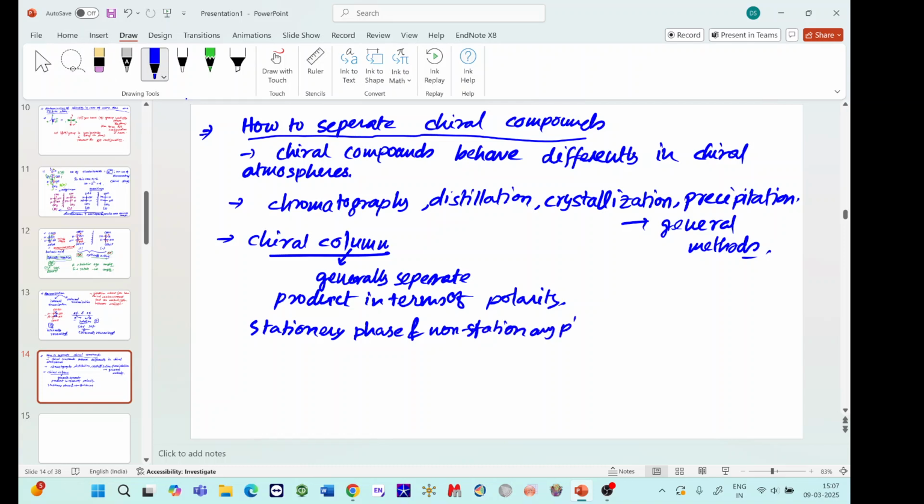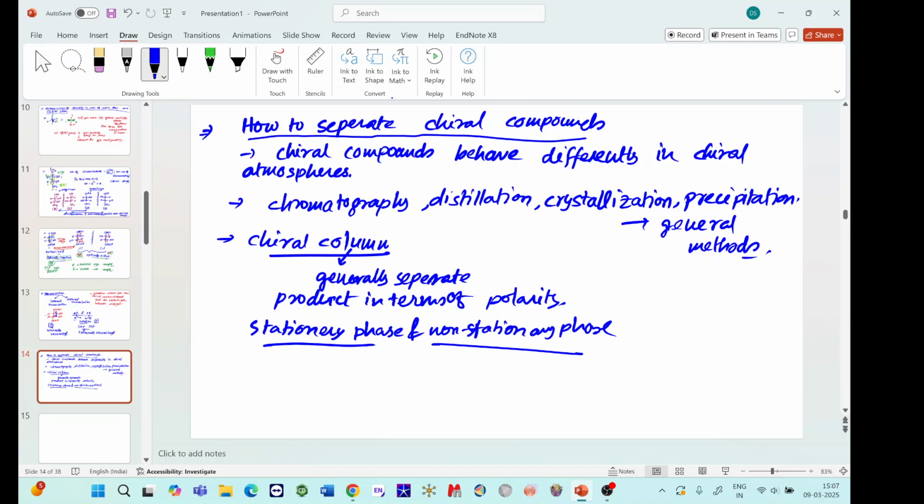Depending on the polarity of your compound, you can choose a polar stationary phase or a non-polar stationary phase. And the solvent is called the eluent. You can have a solvent mixture so that you can run, and depending on the polarity, you can separate your spots.